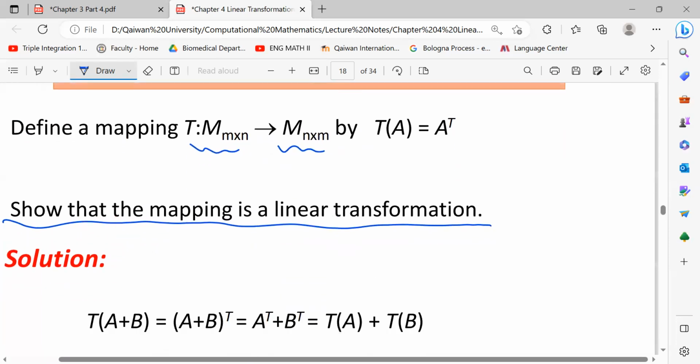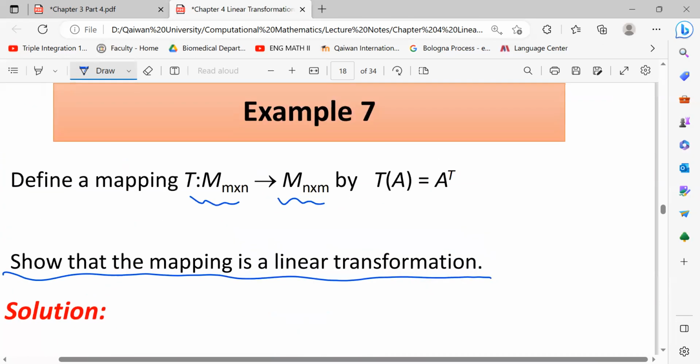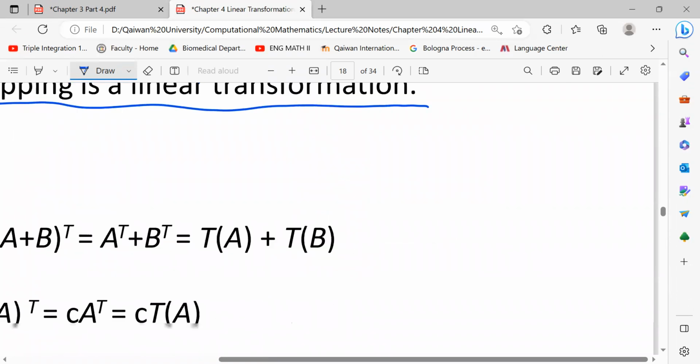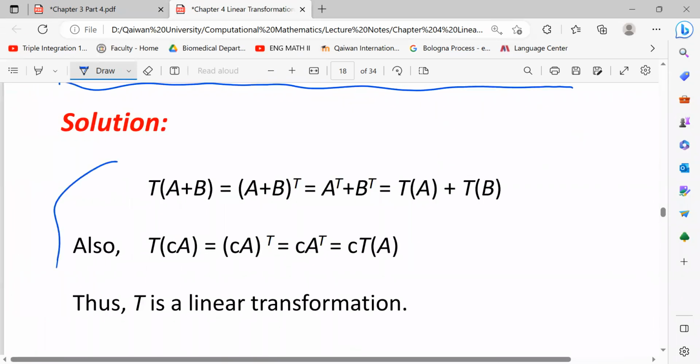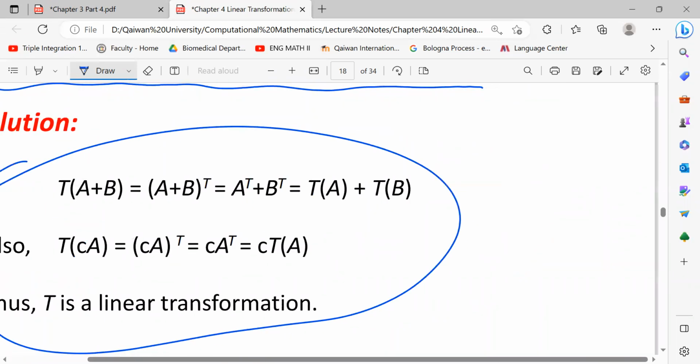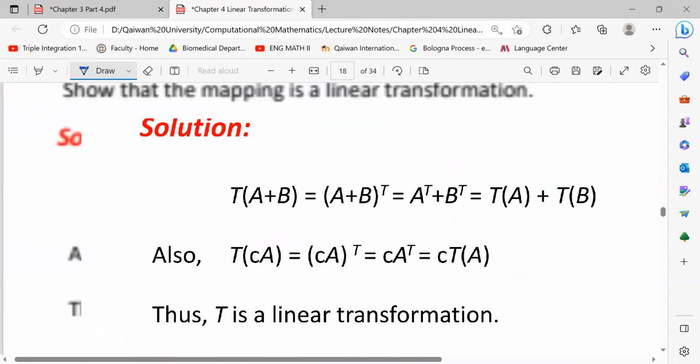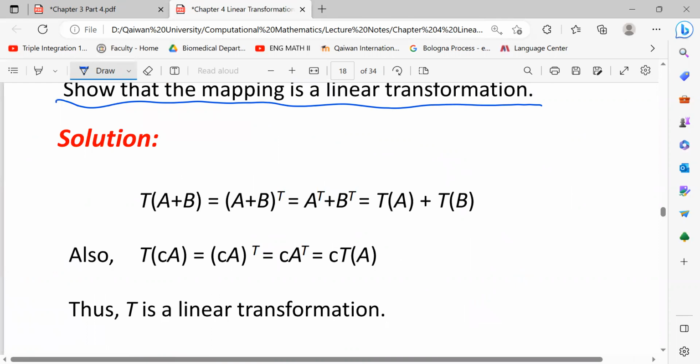Look, it satisfies both conditions here. You can use this one, or let me explain this, then I'm going to give you another way of doing it, because in the previous slides we said that we have only one condition.